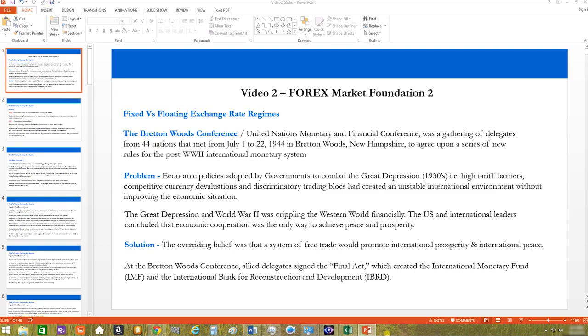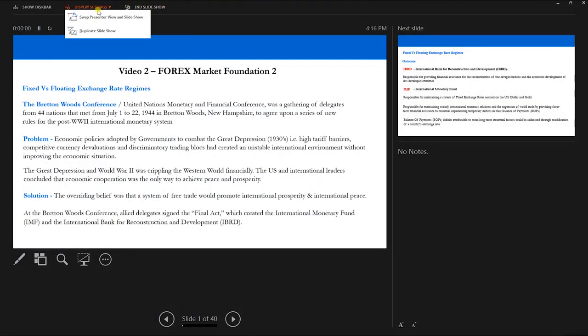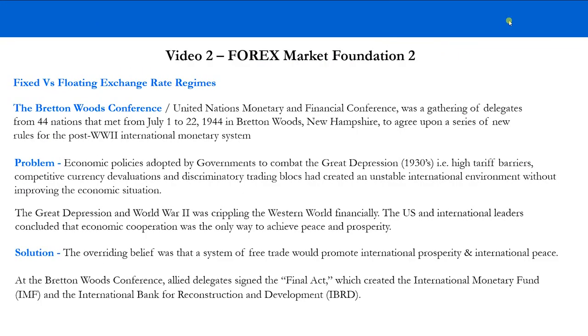So as we go through learning about the differences between fixed and floating exchange rates, by default, we're going to be learning how macroeconomics actually really works. And that's going to give us a much greater understanding overall in the currency markets, and really help us even much later on in the video series when we start looking at the systematic processes. So there's a lot of information to get through here. So why don't we maximize the screen and start going through the differences between fixed and floating exchange rates.